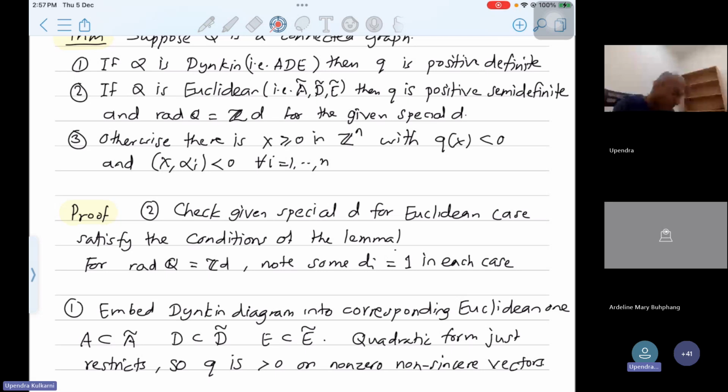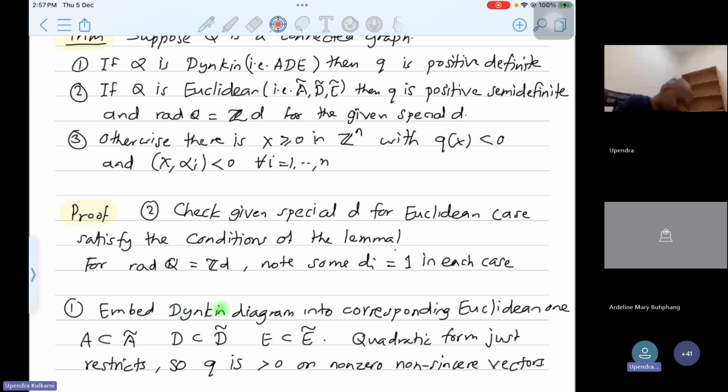So I have an arbitrary x, but you see, here is the thing. I am not taking a Euclidean one and disconnecting it.